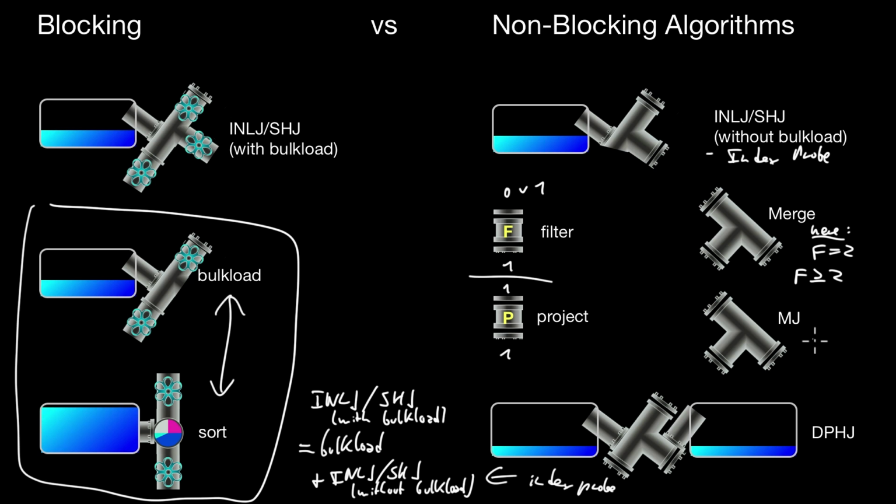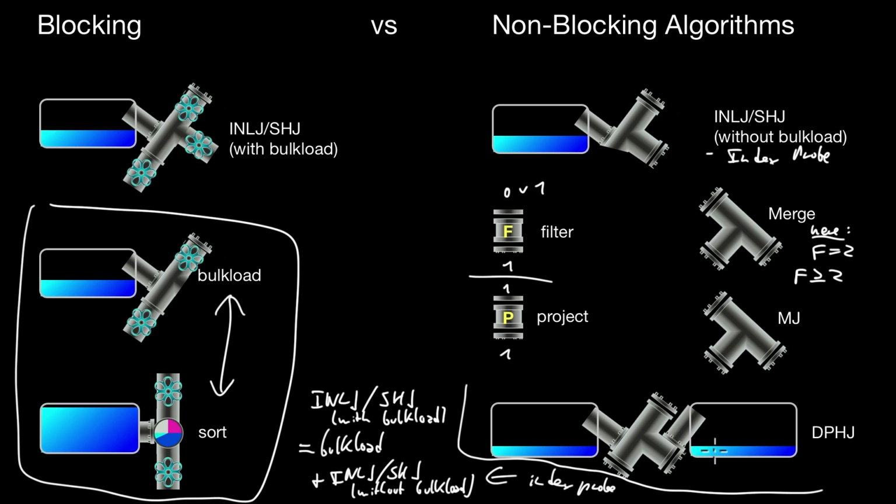Then interestingly, we had this algorithm as well that's called the double pipelined hash join, or to be more precise, you can generalize that to the double pipelined index join. We had a separate video on that. This is non-blocking as well, even though it has 2 water tanks. The interesting property of this algorithm is this idea of taking one tuple from one input, putting it into the water tank, and then probing it against the other.